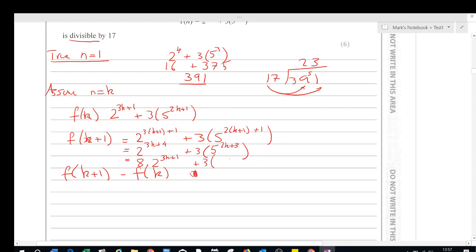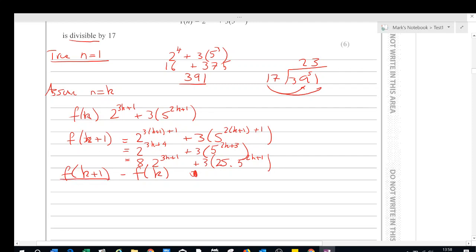Because it wants to be 2k plus 1, I'll take out a factor of 2 in the power. So I'm going to get 5 squared, so that will be 25 times 5 to the power of 2k plus 1. Then I will simplify that by making it 75.